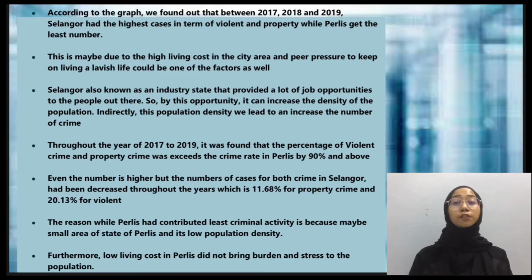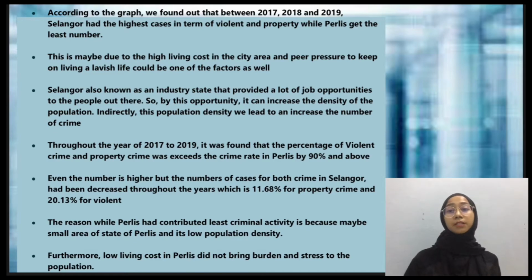Throughout 2017 to 2019, it was found that the violent and property crime in Selangor exceeded the crime rate in Perlis by 90% and above.